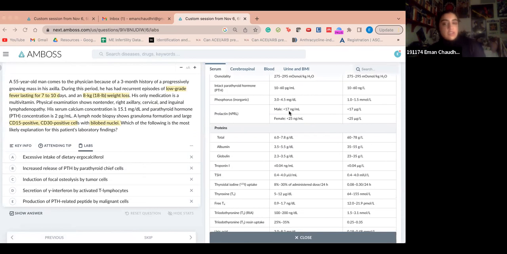That means that the PTH itself is not working. Like it's not coming from the parathyroid itself, right? So Suad said E, production of PTH-related peptide by malignant cells. And Ahmed and Huda said C, induction of focal osteolysis by tumor cells. Does anybody else have any other choices that they want to choose?